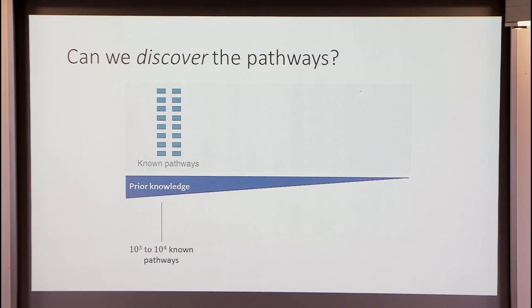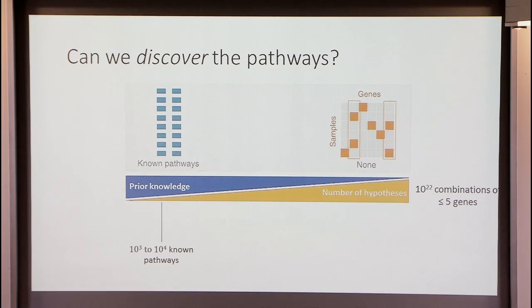Another way of saying this is, could we reduce our prior knowledge? Instead of looking only at known pathways, could we discover them? Of course, as we look at sets of genes, there are many, many sets, so we can't look at all combinations of genes. And when you start to think about doing this with non-coding regions of the genome, it blows up even further.